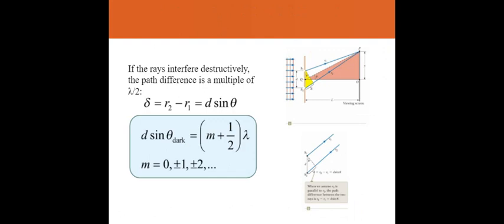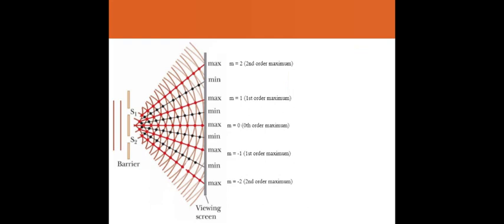The plus 1 will be above the center, the minus 1 will be below the center. And then the second order dark fringes will be plus 2 or minus 2. So it's a lot like the light fringes, but now there's the plus 1/2 to indicate that the distance R2 travels is some multiple of a half wavelength, which means it's going to arrive completely out of phase.